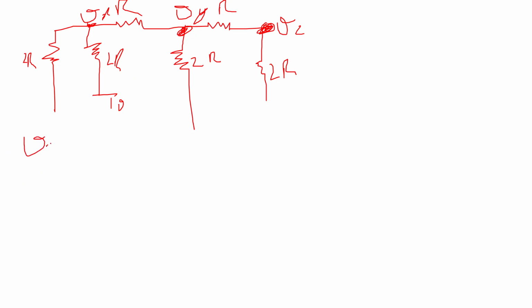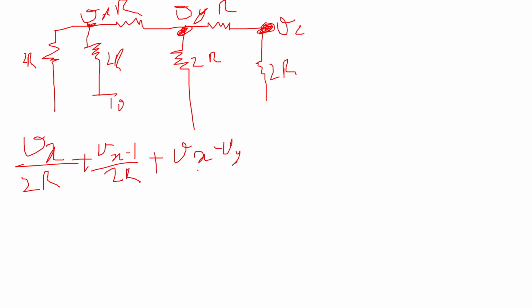So Vx by 2R plus (Vx minus 1) by 2R plus (Vx minus Vy) by R is equal to 0. That implies Vx plus Vx minus 1 plus 2 times (Vx minus Vy) is equal to 0.